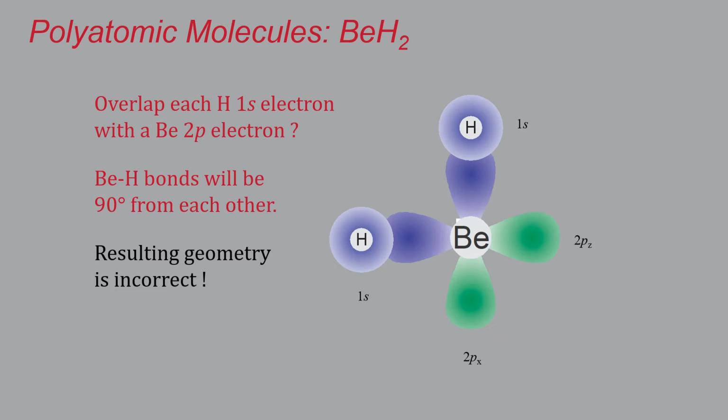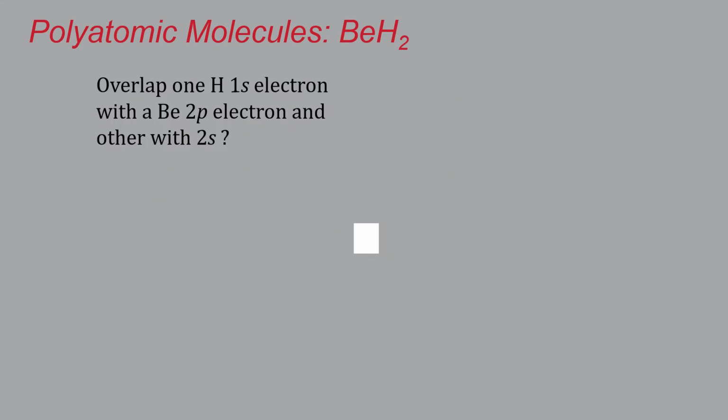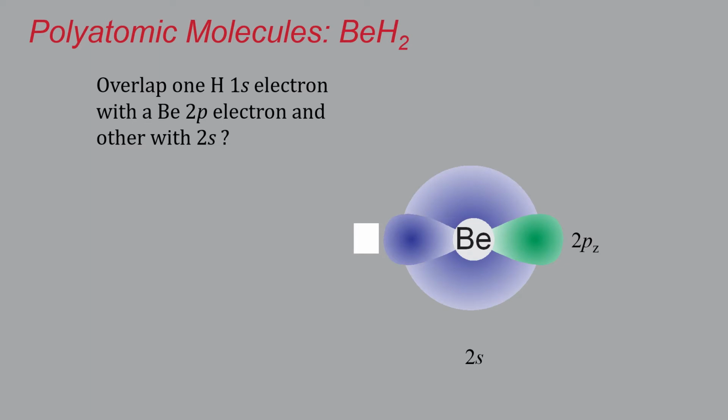But all is not lost because along with these p states on beryllium, there was a 2s state available as well. So let's try that. So what would that look like? So we've got, for reference here, I'm putting on the 2pz. The 2s, remember, s-type electrons occupy a spherical region of space.